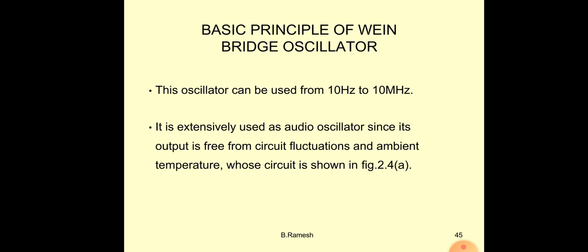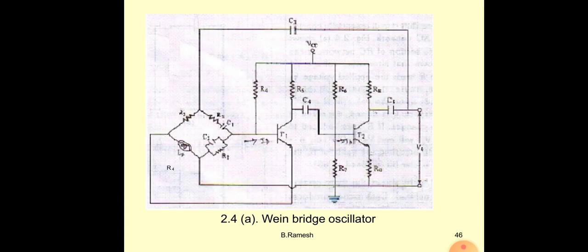The circuit is shown in the figure. Generally, RC oscillator frequency changes with respect to temperature, but here there is no chance of the frequency stability changing because we are using feedback resistors. See the circuit here. The output we take from the T2 transistor and give back to the bridge circuit. Here a lead lag network will be there, so the lead lag network phase shift gets cancelled.